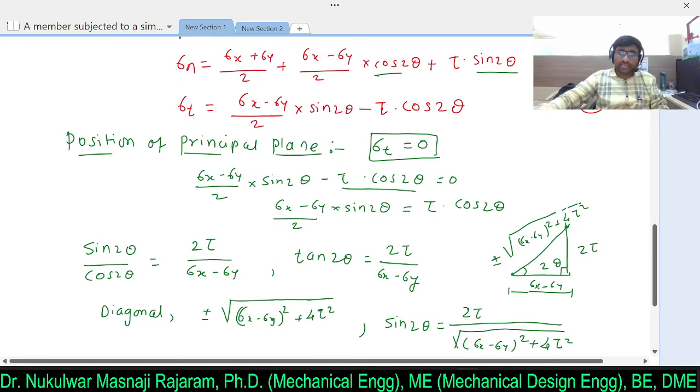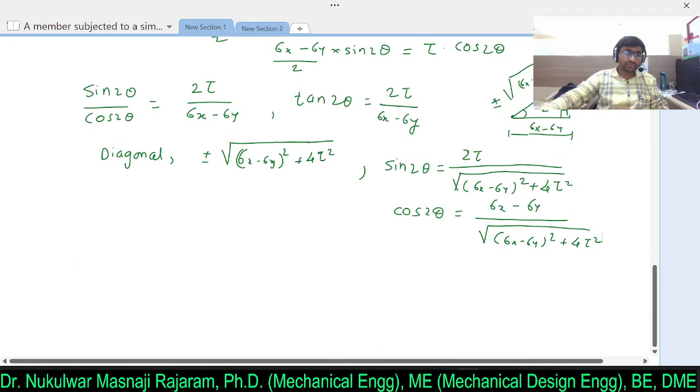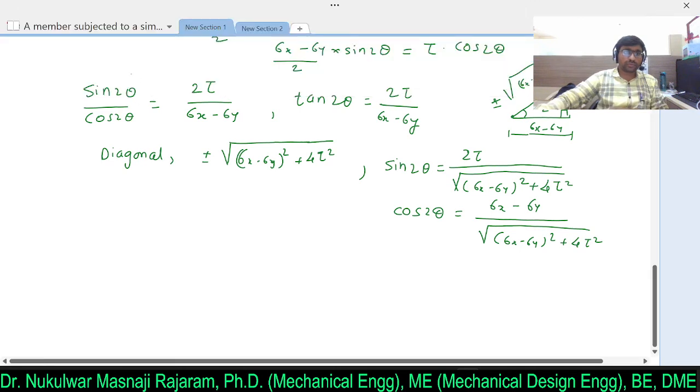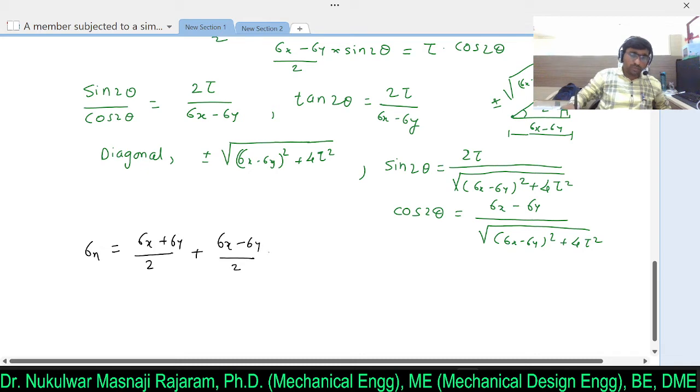So I am just rewriting equation number 7, that is normal stresses acting on the body. Clear? So here I will write sigma n equal to sigma x plus sigma y, just rewriting this equation, plus sigma x minus sigma y divided by 2 into cos of 2 theta.